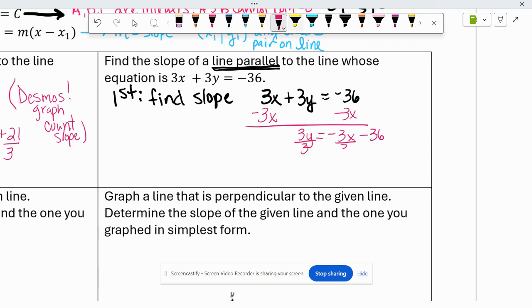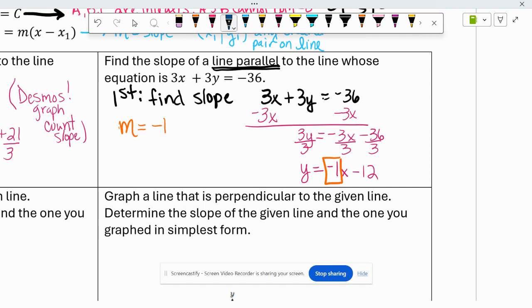Yeah, divide every single term by 3. So y equals, let's see, a negative 3 divided by a positive 3 is a negative 1 x. Negative 36 divided by 3 is negative 12. So the slope of this line is negative 1.